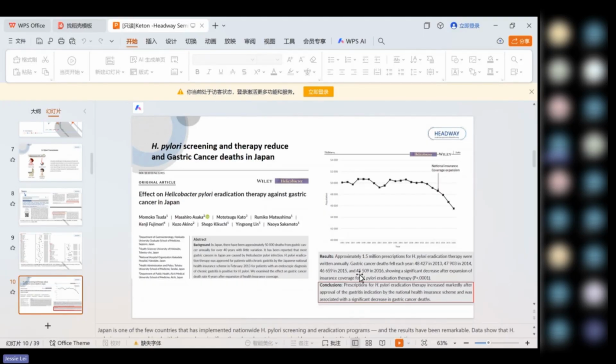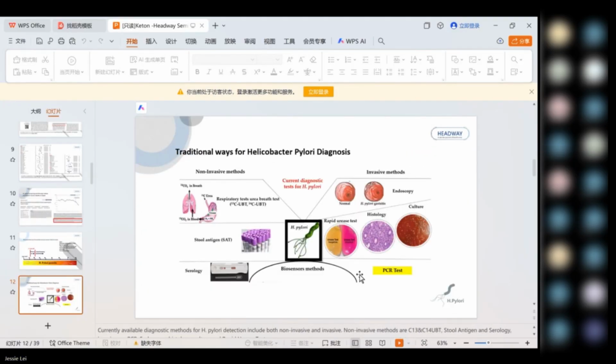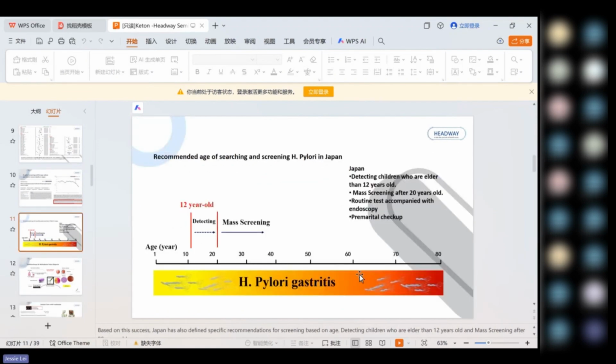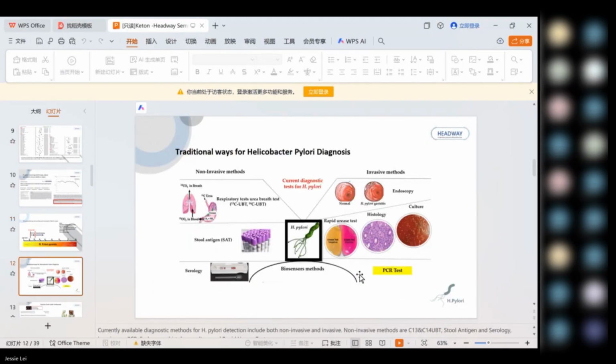This is an article published by Japanese scholars. Based on this article, Japan has also defined a specific recommendation for screening based on age. It suggests detecting in children who are older than 12 years old and doing a massive screening after 20 years old.